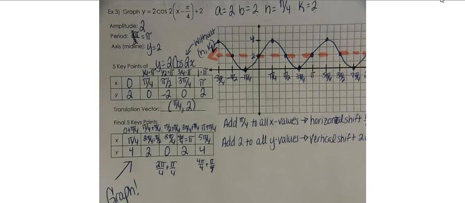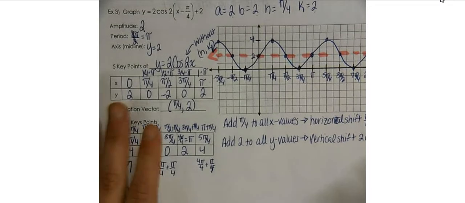So go ahead and pause the video, and when you're finished with doing that, then go ahead and restart it. All right, let's go ahead and show you the answers.